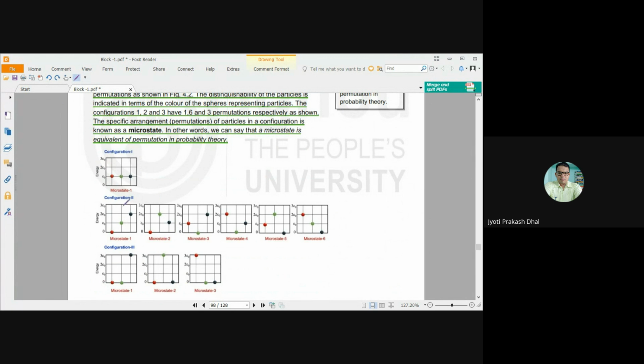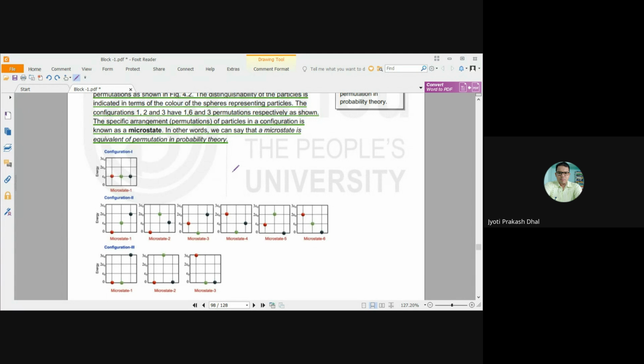The 3 particles are distinguishable particles. One is a red color particle, another is green color, and another is blue color. So here these are the 3 distinguishable particles, and we have to arrange them in the 4 possible energy levels, so that the total energy of the system will become 3 quanta.